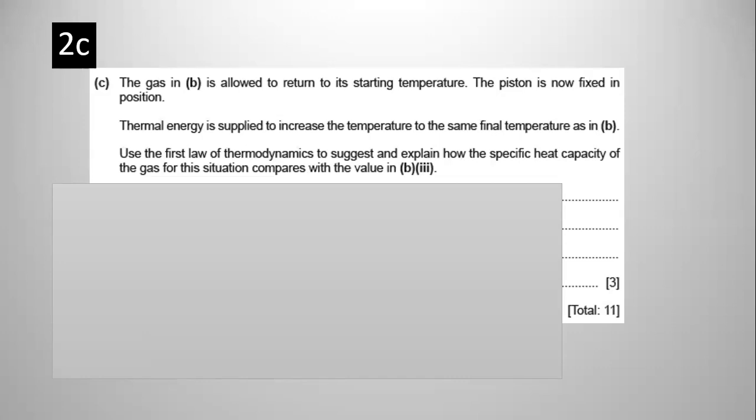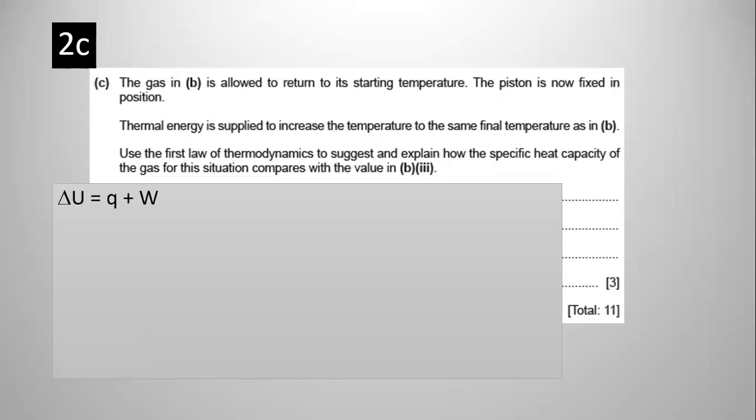For 3 marks, you need at least 3 points. The net change in internal energy would be the same, because the net change in temperature is the same as before.